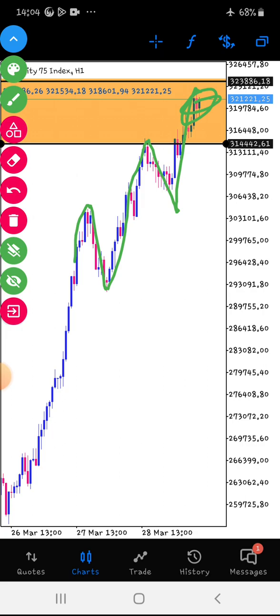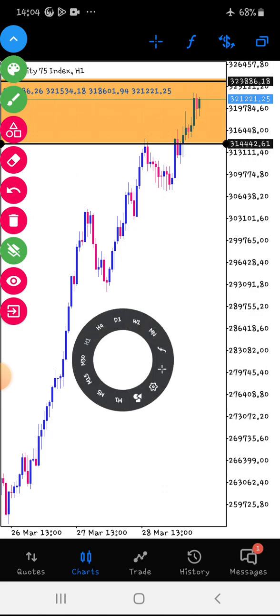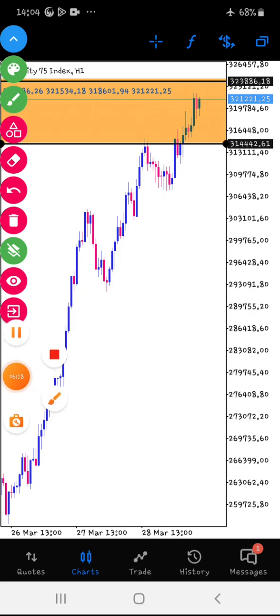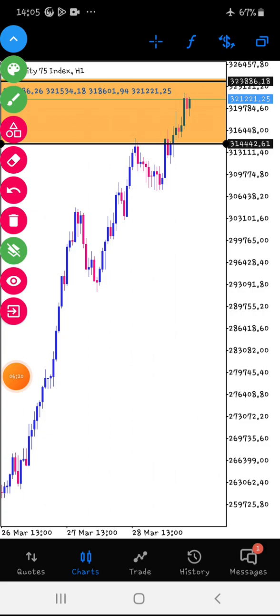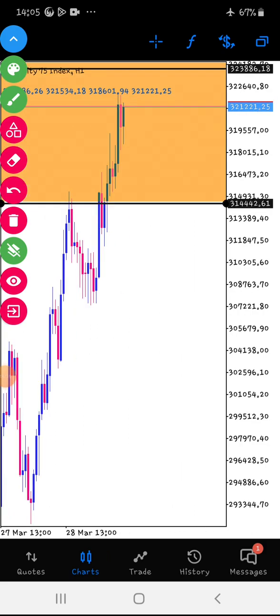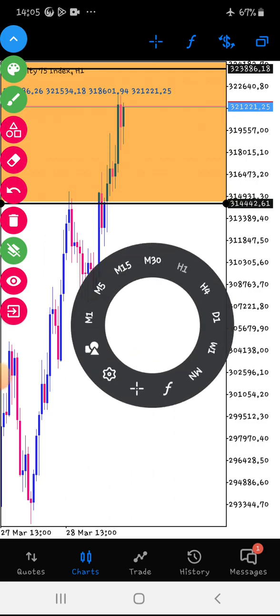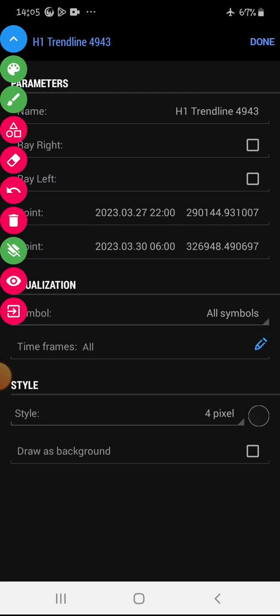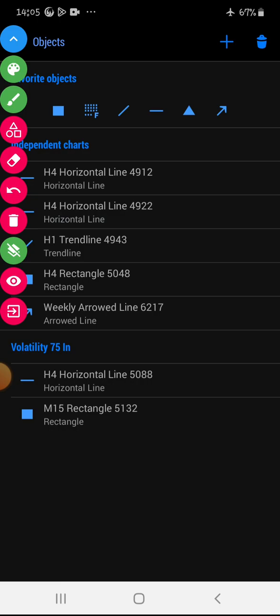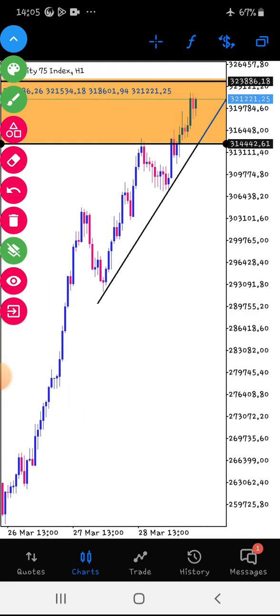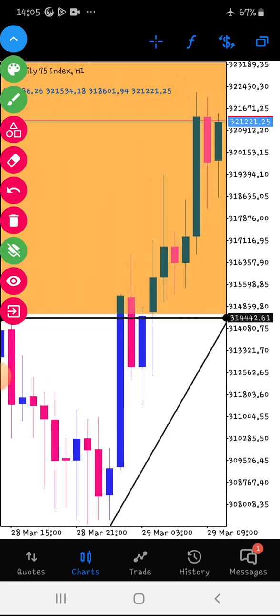What we have to do is connect these two high lows, guys, connect this, and then we draw our counter zone. So let us draw that, our H1 counter zone. So we have our H1 counter zone, guys.